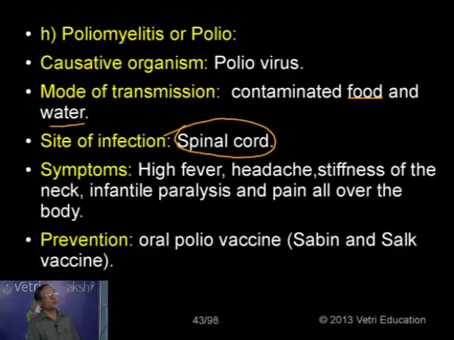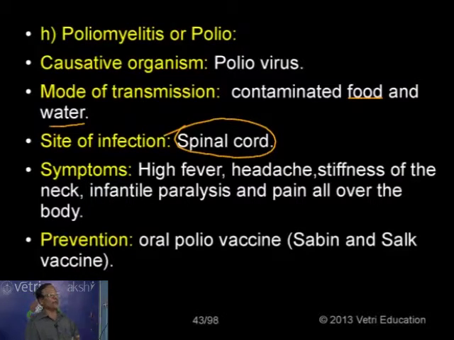It is the controlling center of the skeletal muscles. That is why the child is unable to walk, unable to move. This is because the central nervous system, mainly the spinal cord, which controls the reflex and muscular activities, is affected.